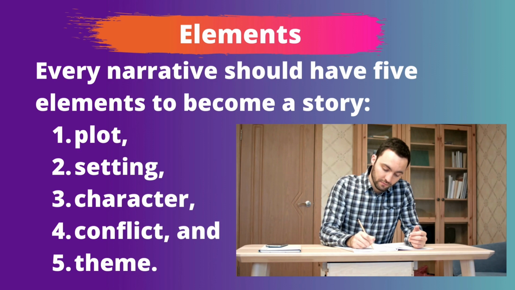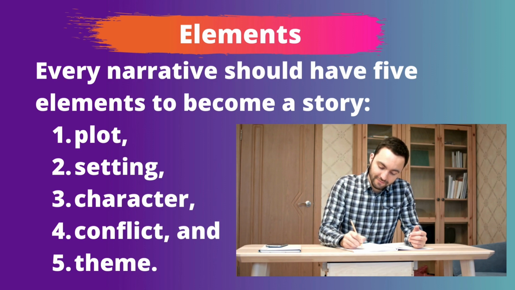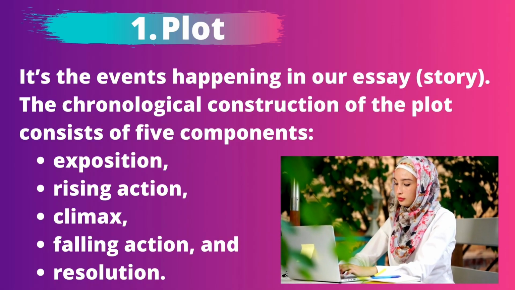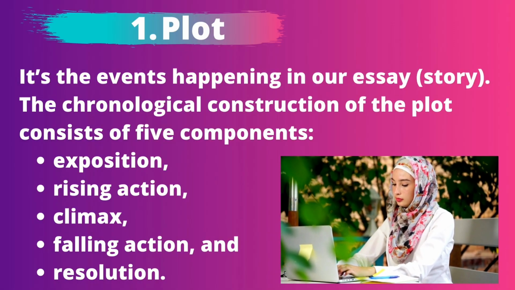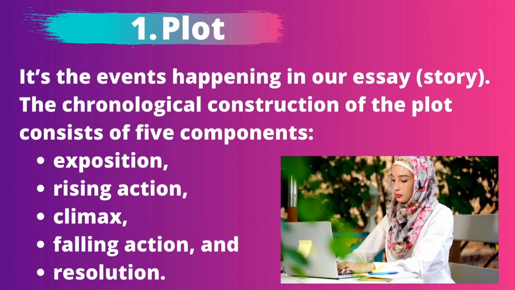Let's look at the elements. Every narrative should have 5 elements to become a story. So we should have plot, setting, character, conflict, and theme. Okay, next, let us look at plot. It's the events happening in our essay or in our story.